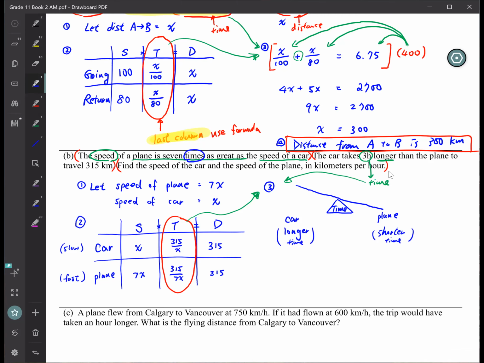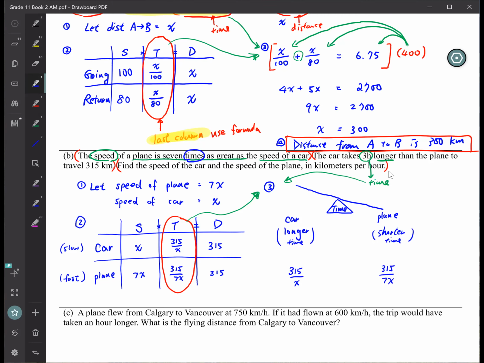So if you want to make them equal, because our goal is to try to make an equation, okay? So let me write down the time for each one. The car time from the table is 315 over x, right? This is from the table. Right side is the time for plane. So 315 over 7x. So they don't equal each other, right?